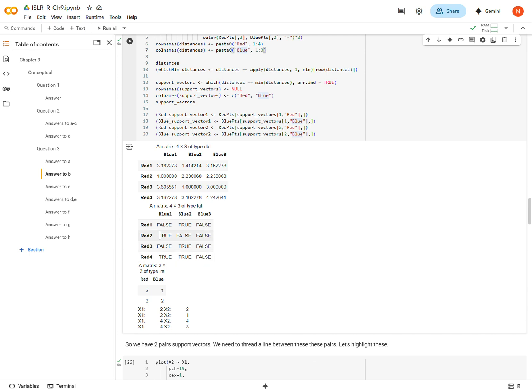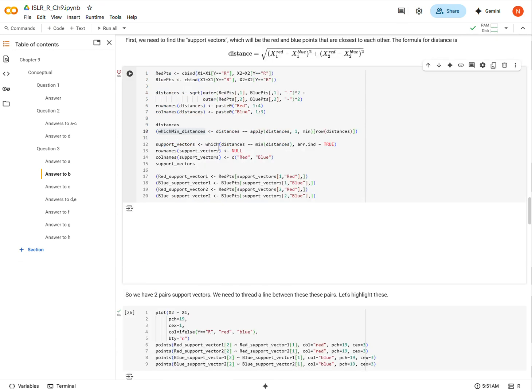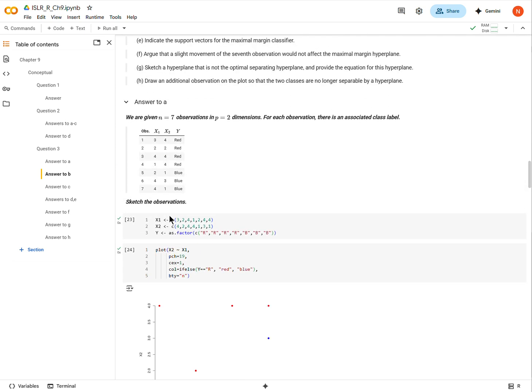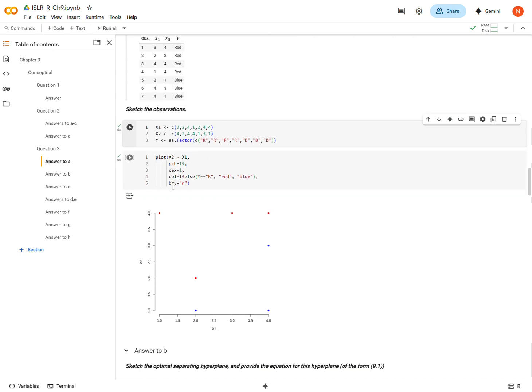You see that red 2, blue 1 is one of them. Sorry about that, I broke some code just a little bit ago.